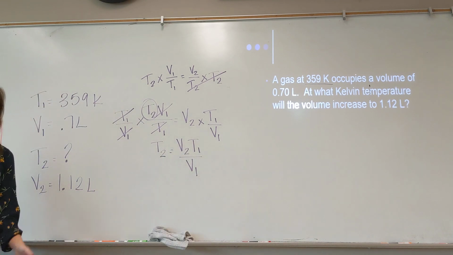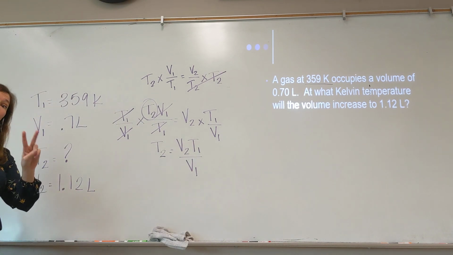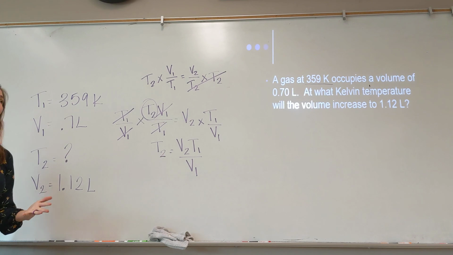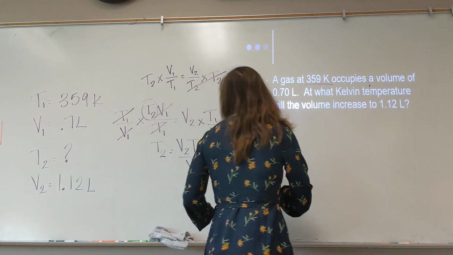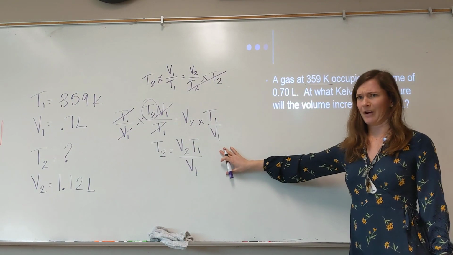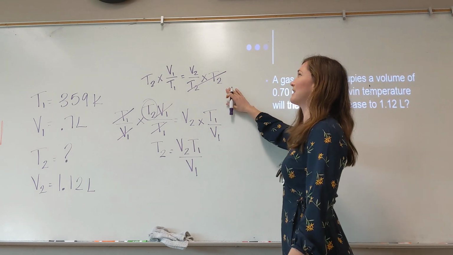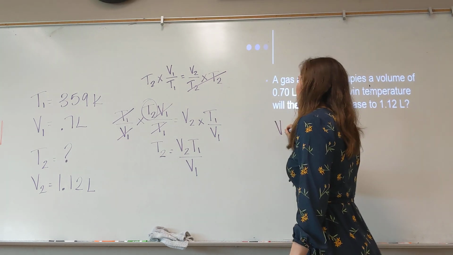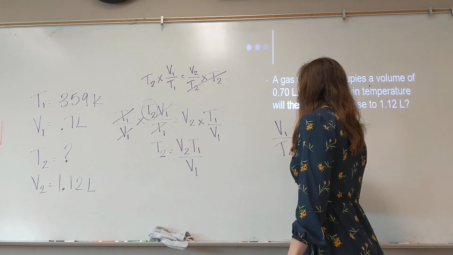Okay, now I told you that I was going to give you two ways to solve this. So another way is, and you might have thought that this was getting a little bit hairy, so this next way is called cross multiplication.